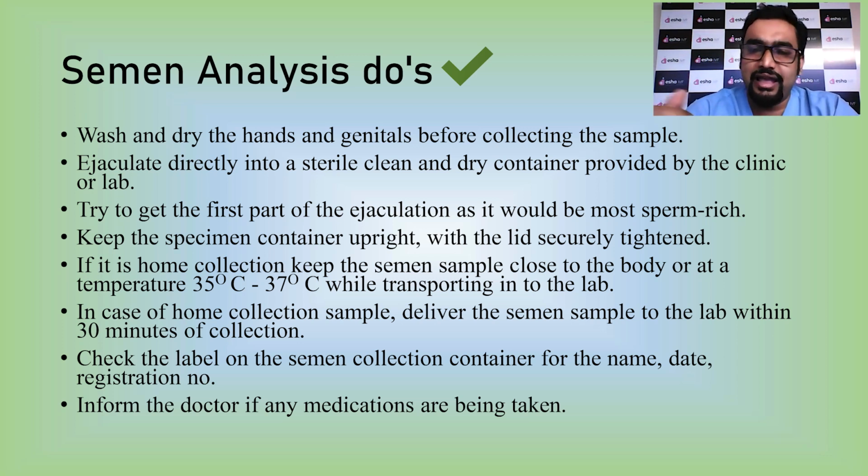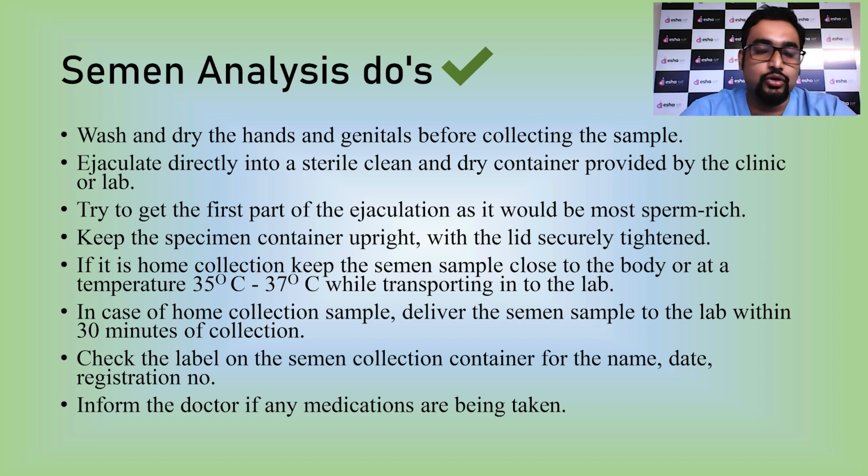Now, while you will be collecting the sample, we will be providing you with a completely private room, and there you will have to collect the sample. The first part of ejaculation is very necessary because it is the most sperm rich one. Now, after collecting the sample, keep the sample upright.